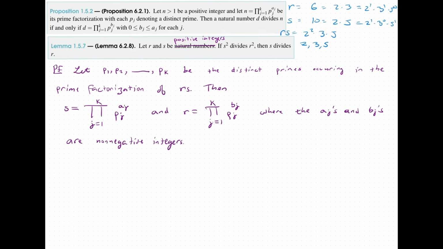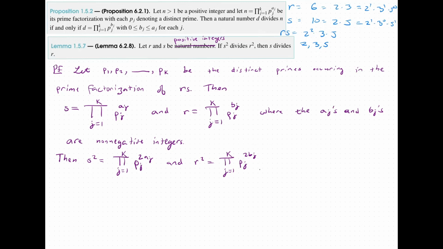So let us continue. Now we're going to square both sides, so square the s and the r. Then s squared is going to be the product from 1 through k, and if we square it, it just results in the exponent being doubled, and r squared is the product from 1 through k, and similarly now we have 2 times b sub j.